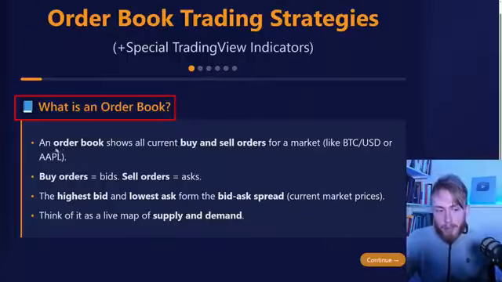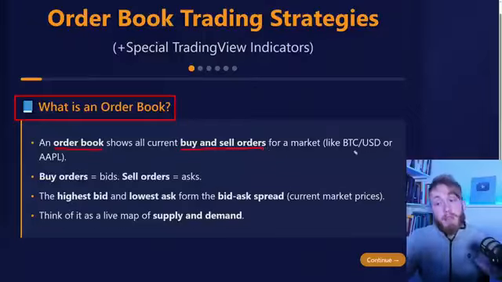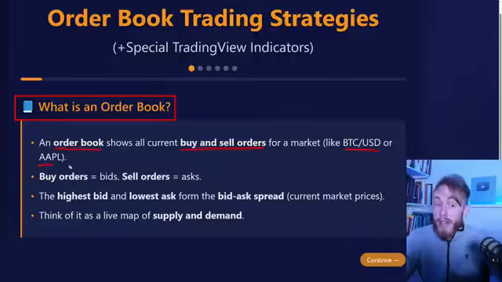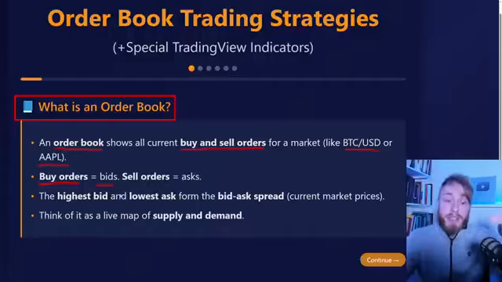Well, in simple terms, an order book basically shows you all the current buy and sell orders for a specific market. For example, Bitcoin traded in US dollars, or the Apple market, and so on. Another word for buy orders is bids, and another word for sell orders is asks.